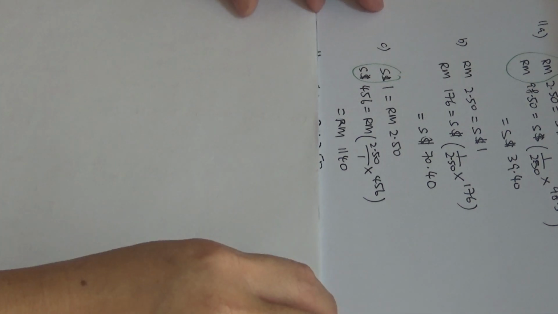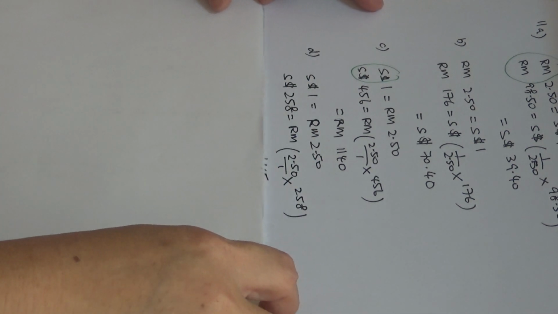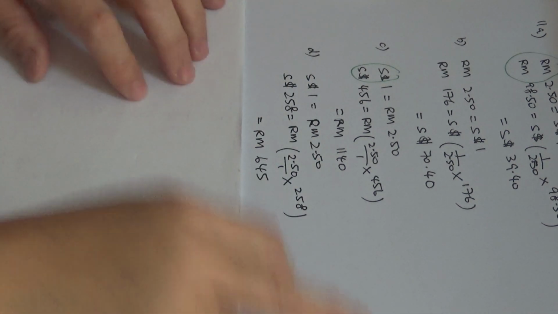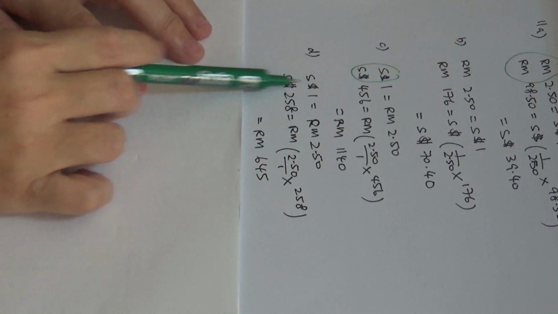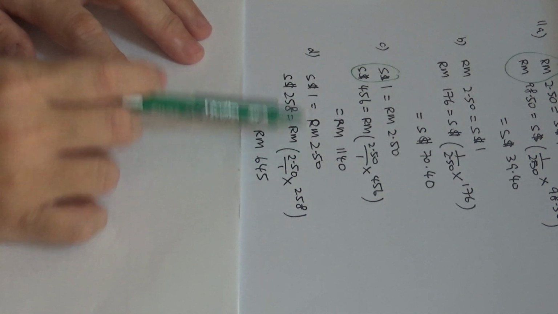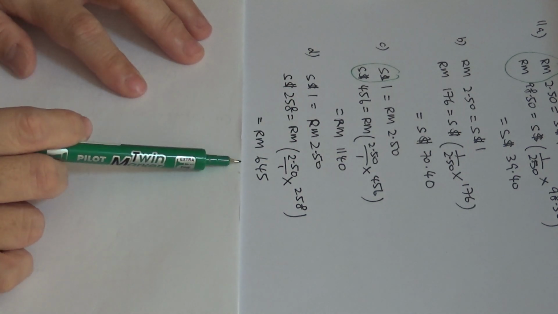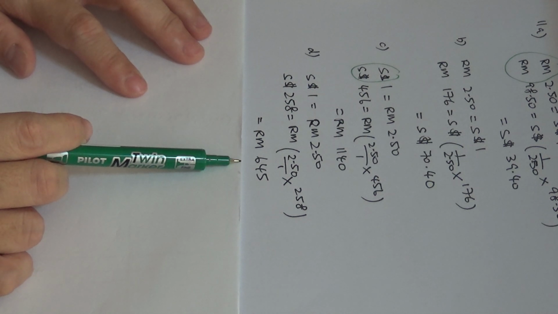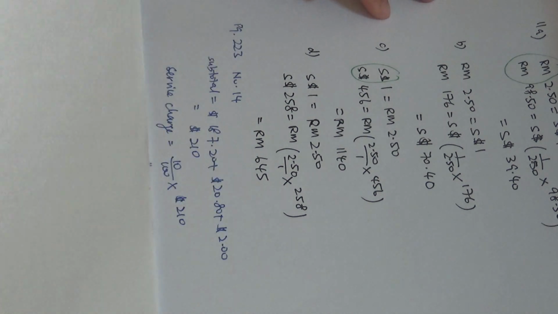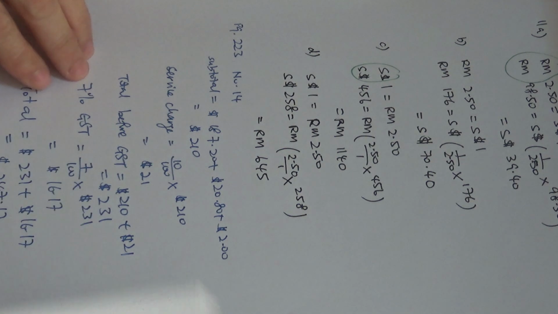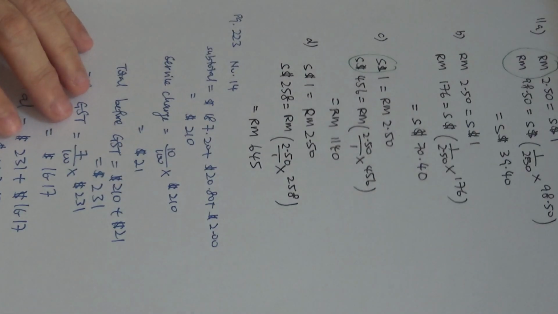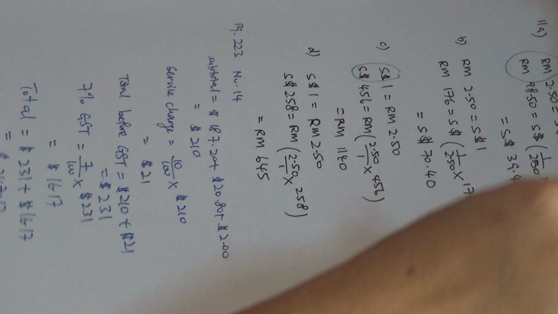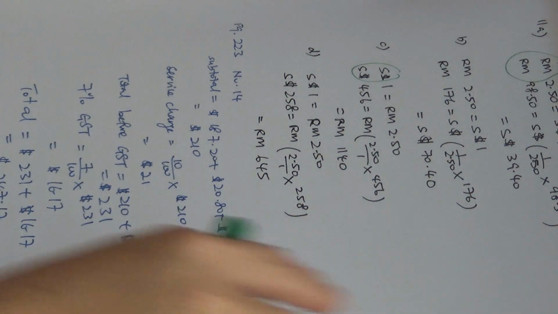Part D is the same as your part C. You write the rate the other way round so that we can line it up. You take this over this times this, you will get 645 Malaysian ringgit.